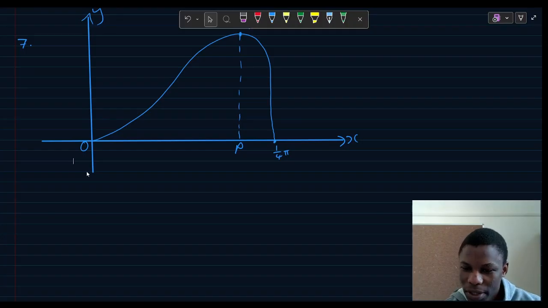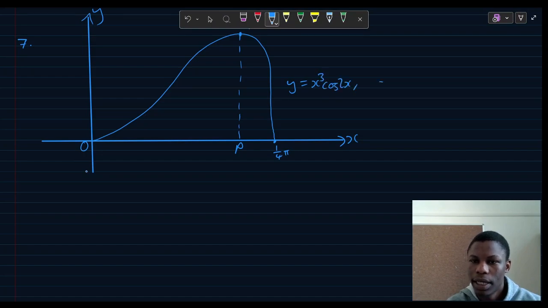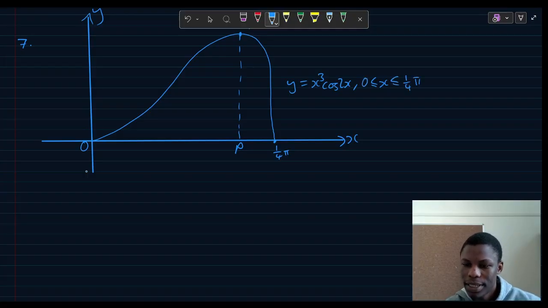The diagram shows the curve y is equal to x cubed cos 2x, for x between 0 and a quarter pi. The curve has a maximum point at M, so already when I hear maximum point, I'm already thinking at M, my dy/dx has to be 0.